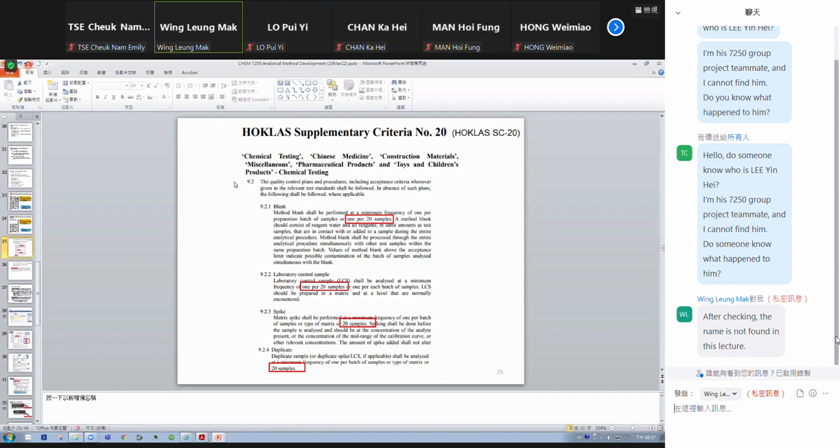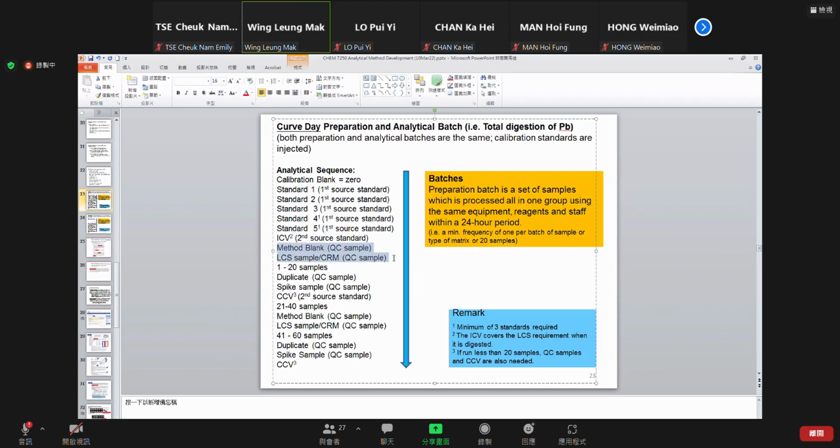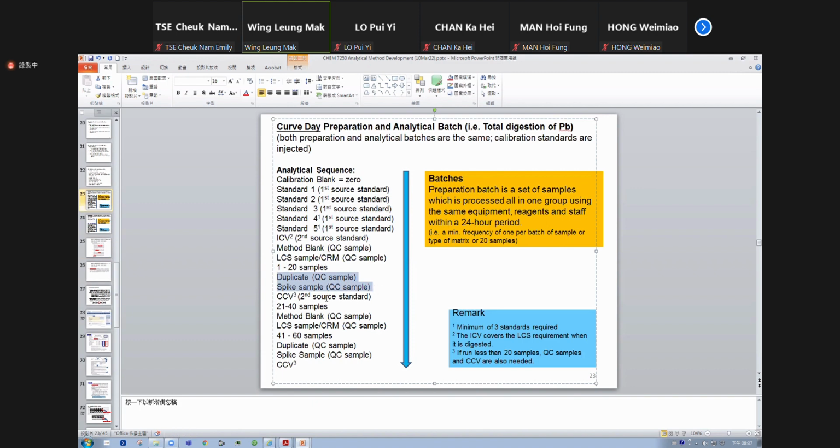You still need to do method blank, LCS, duplicate, spike, and those CCV. If you have 21 samples, it will fall into another batch. Those QC should be done again.